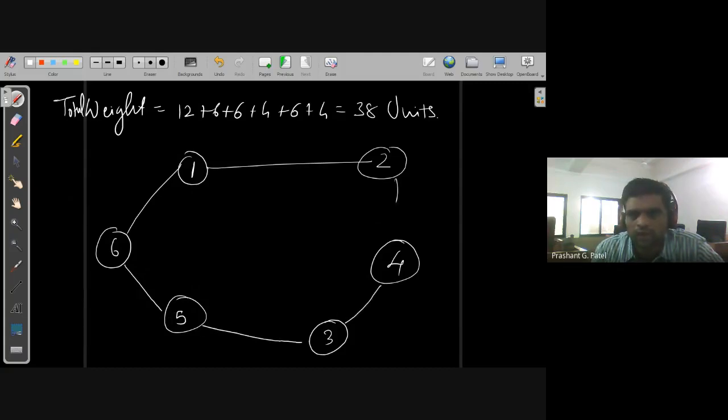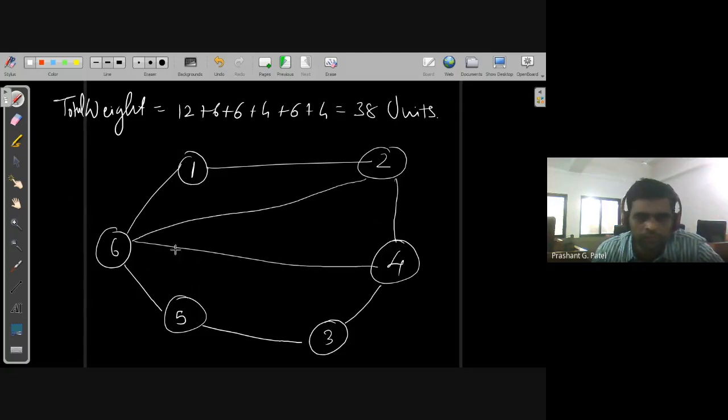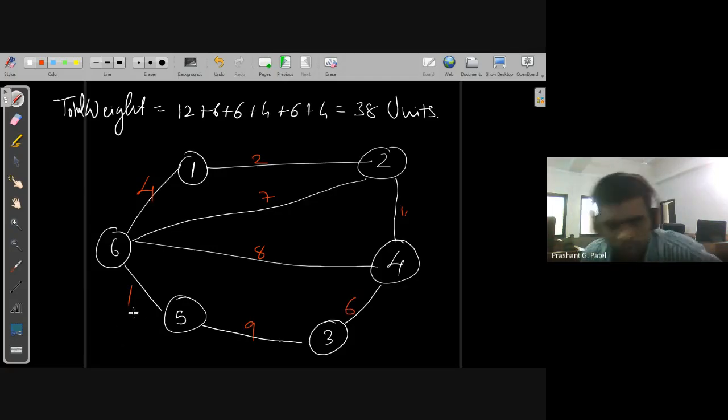The question is to calculate the minimum spanning tree from this graph. The weights given are 2, 11, 7, 8, 4, 1, 9 and 6. Okay, I hope that you guys are able to solve this example by yourself.